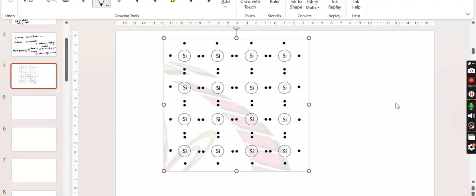For an intrinsic semiconductor such as silicon, this is a crystalline silicon structure. You can see the silicon has a valency of 4. In the absence of any loose or free electron, the silicon crystal will not conduct electricity unless some electrons from the valence band are excited to conduct.